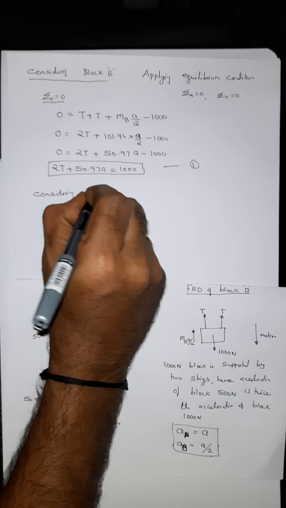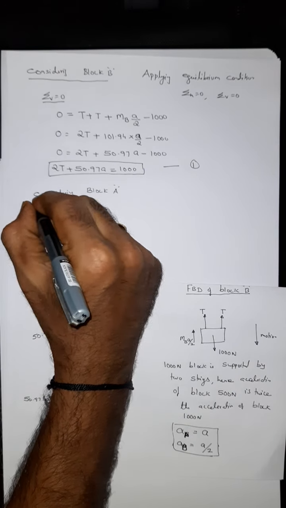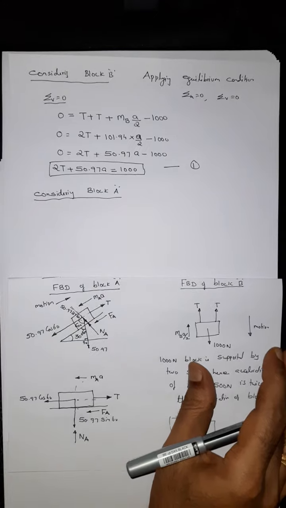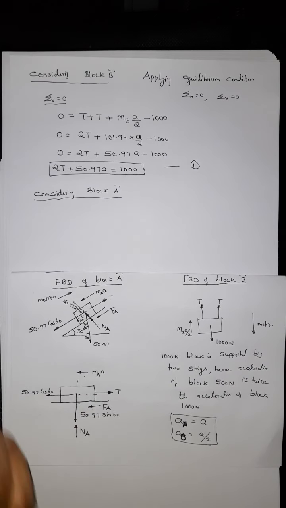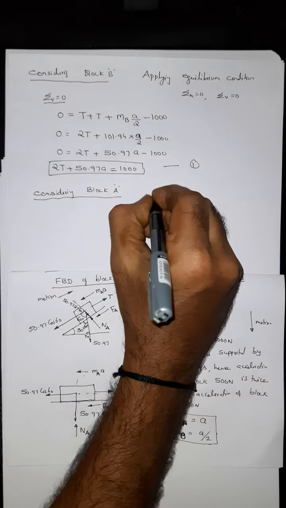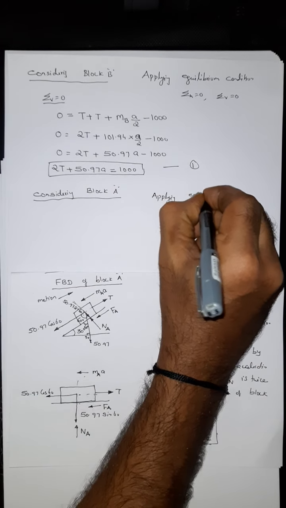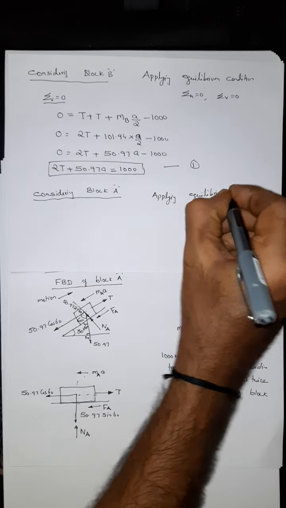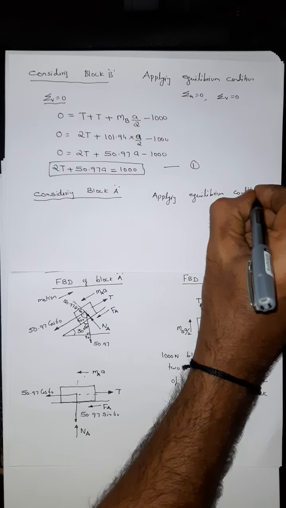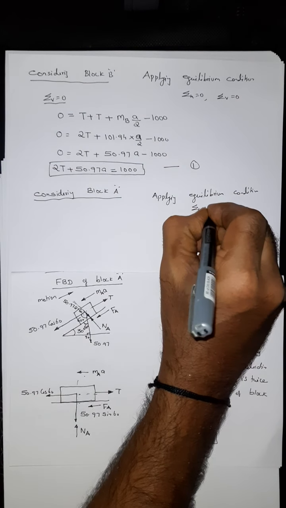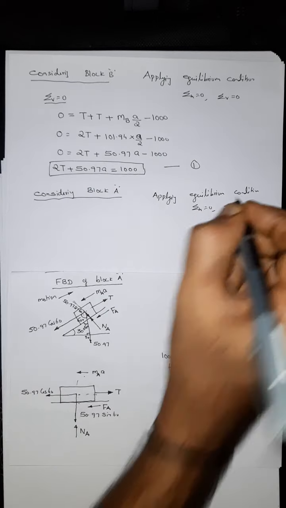Let me consider block A now. This is the free body diagram of block A. Apply the equilibrium condition: summation H equal to 0 and summation V equal to 0.